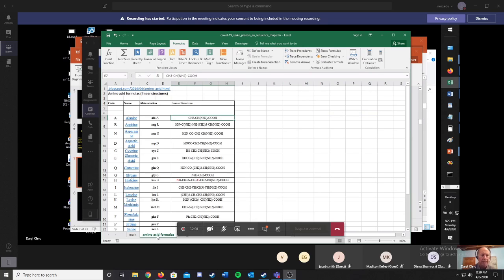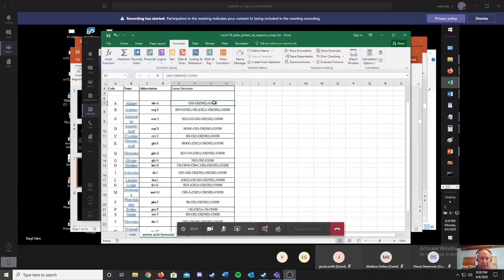If we look at that, it has the chemical formula, what's called the linear structure. If you want to find these on the internet, they're kind of hard to find, but you need to search for linear structure. So for instance, D is aspartic acid, and its linear structure looks like this.